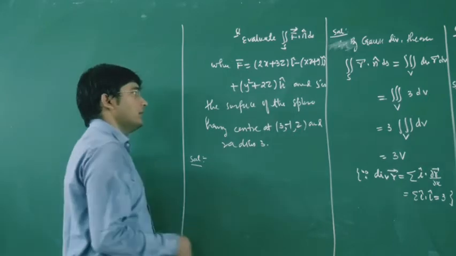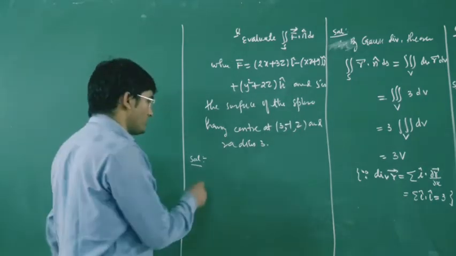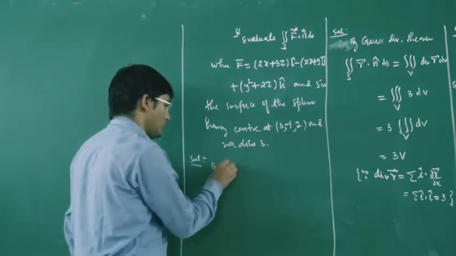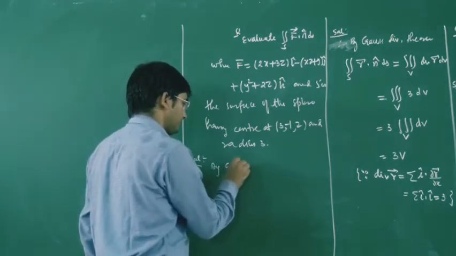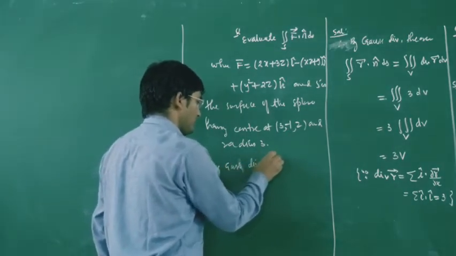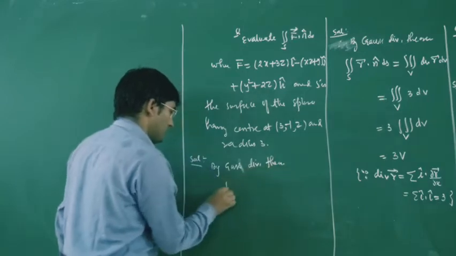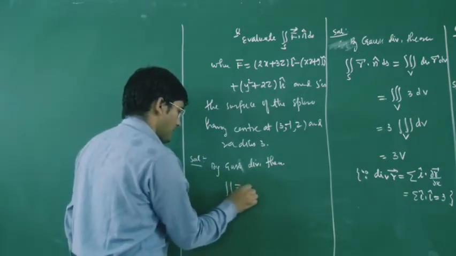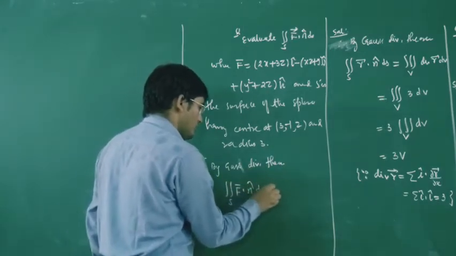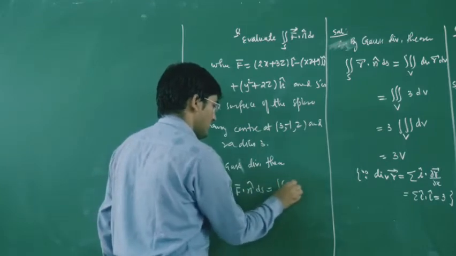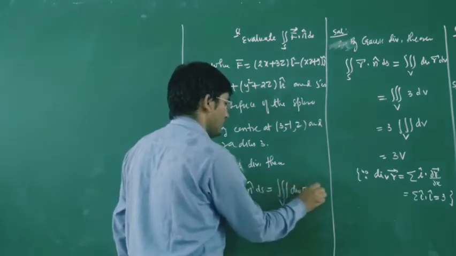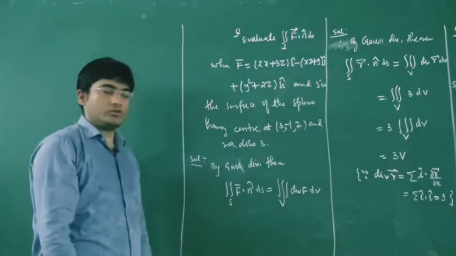So, again let us apply the Gauss Divergence Theorem. So, by Gauss Divergence Theorem, this double integral f dot n ds is equal to the integral of divergence f dv. So let us evaluate divergence f.